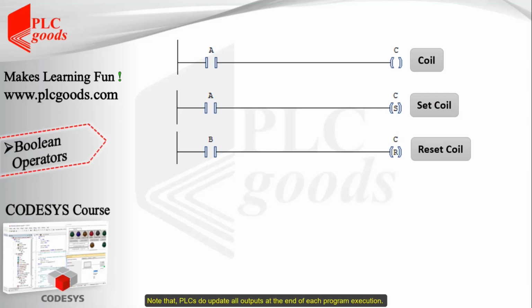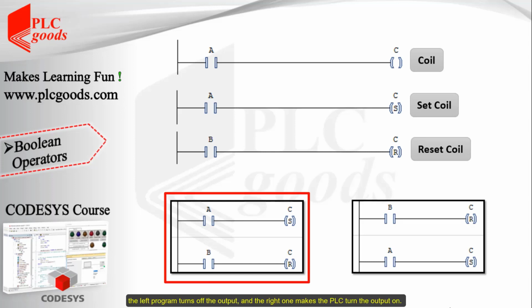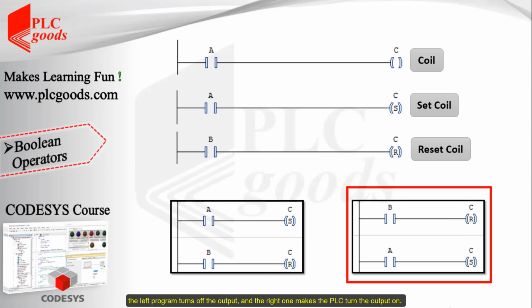Note that PLCs update all outputs at the end of each program execution. So if both instructions are activated for the same output, the left one turns off the output and the right one makes the PLC turn the output on.